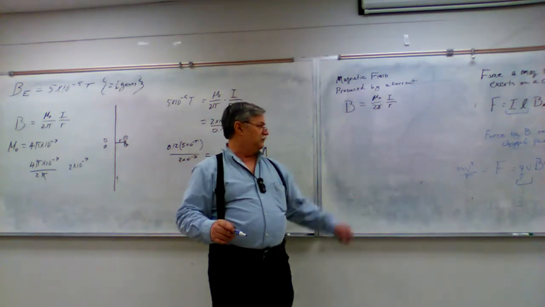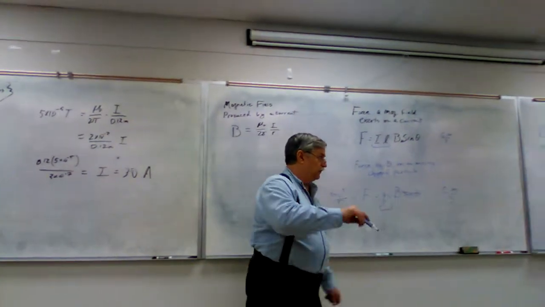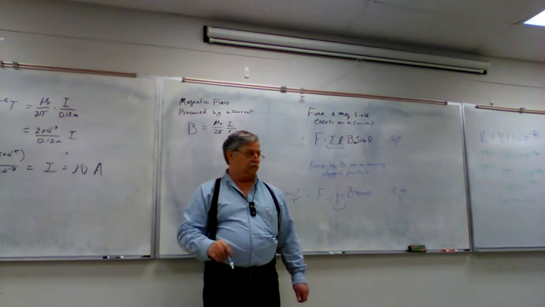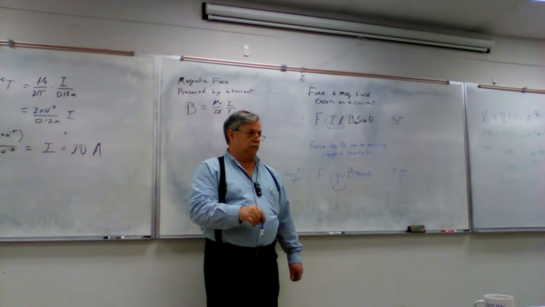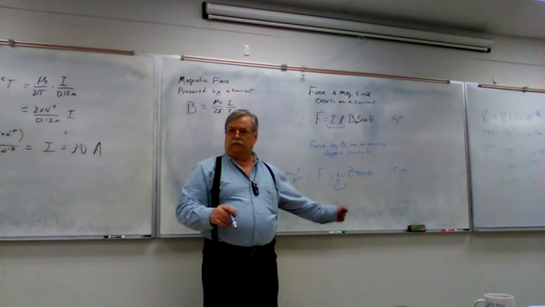And that's how you then solve for the perfect circular motion of a charged particle in a magnetic field. Given a radius, the velocity you would have to have.